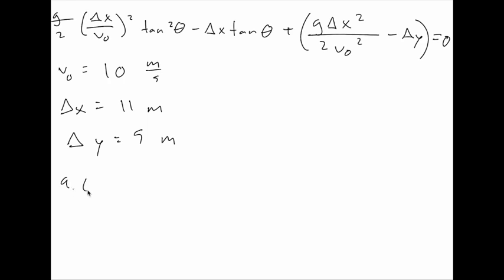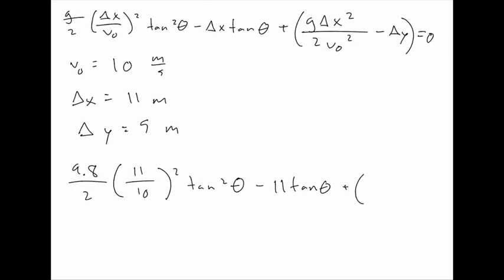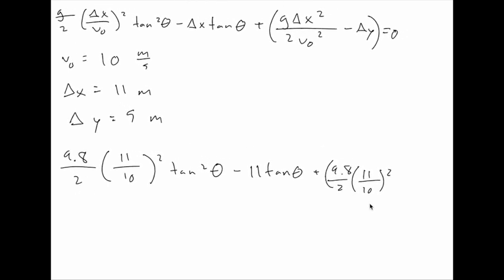So then we end up with 9.8 over 2 times 11 over 10 squared tangent squared theta minus, what is that? 11 tangent theta plus 9.8 over 2 times 11 over 10 squared, just a little more, minus 5 equals 0, right?